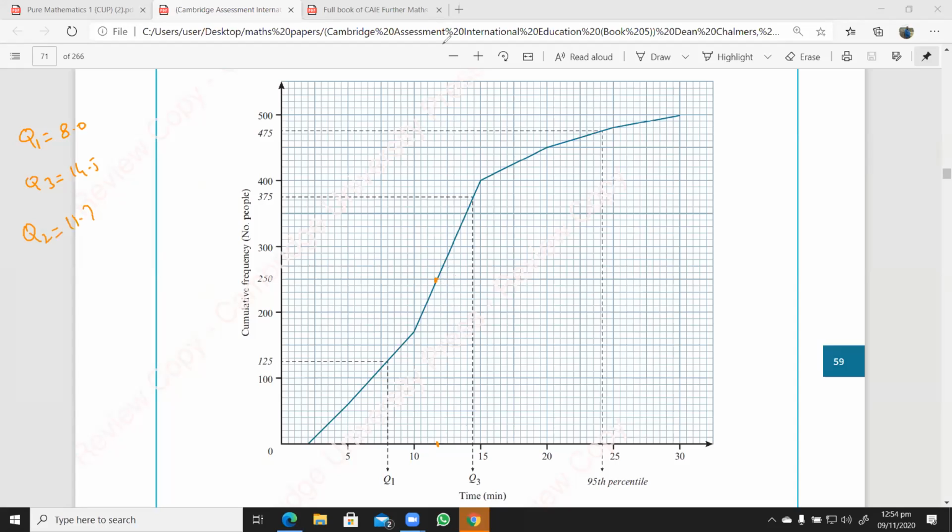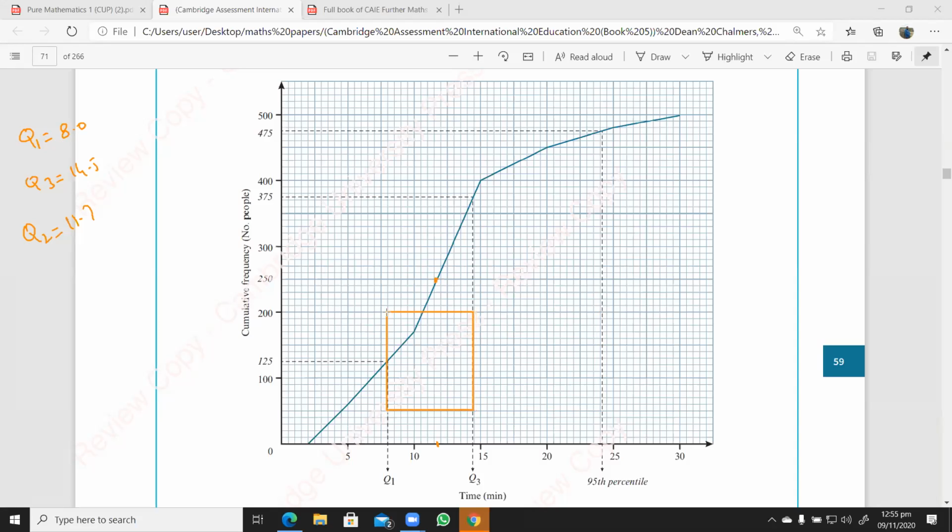Let's draw its box and whisker plot, okay? Now the scale is already there. So we have the lower quartile at 8. So this is 8, and here is the upper quartile.